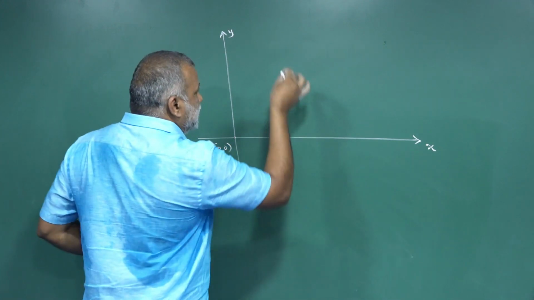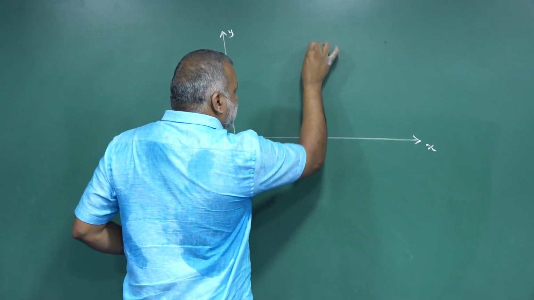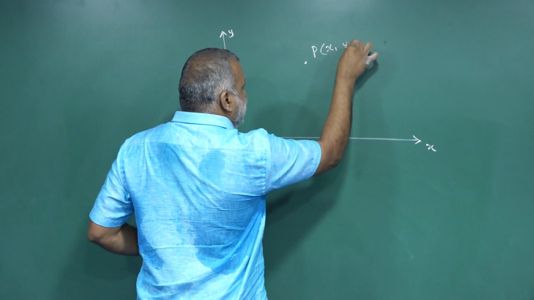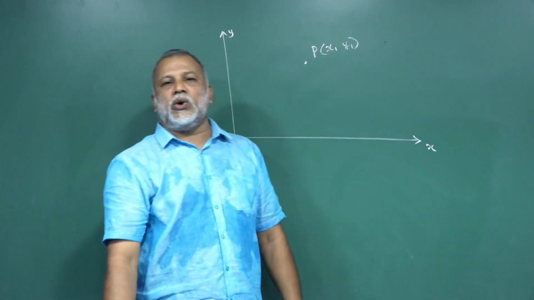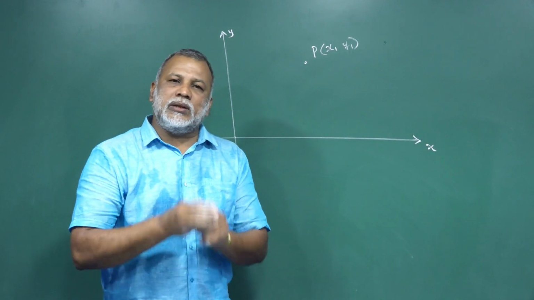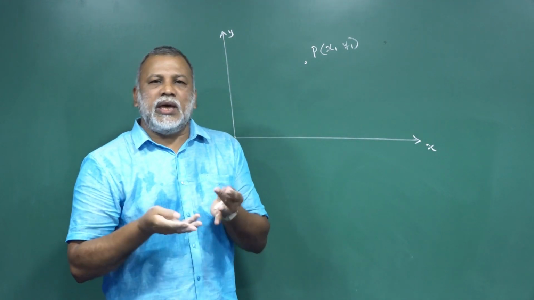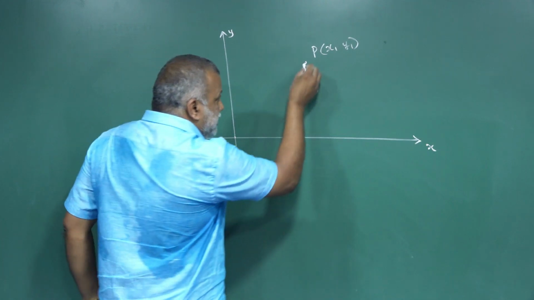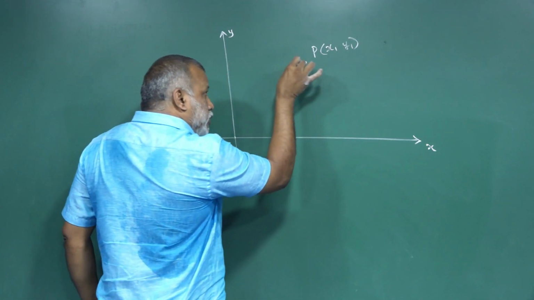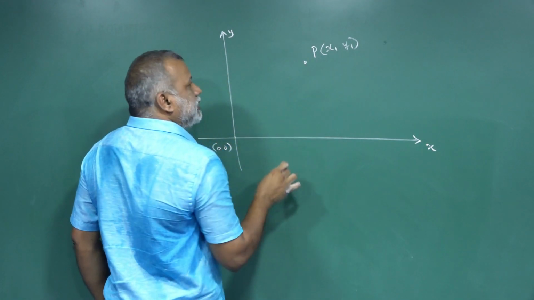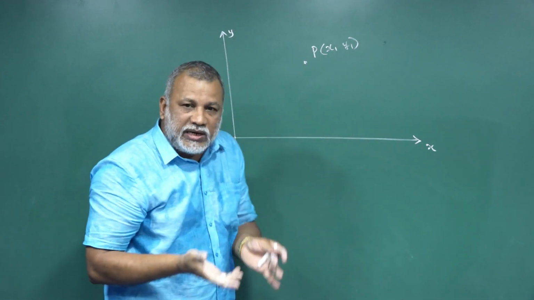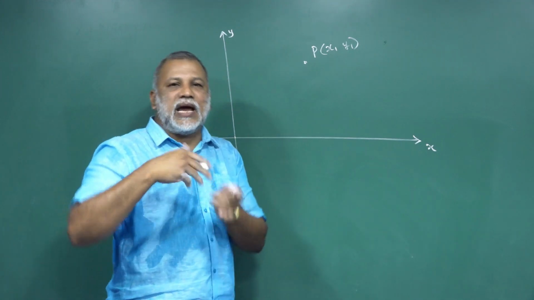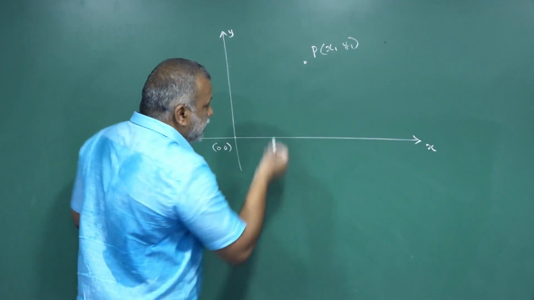The locus of a point P. Initially I think about P(x1, y1); to form the locus, x1, y1 must be replaced by x, y. We are going to form the locus of this point. This point is at equal distance from the x-axis and y-axis. That is the condition.